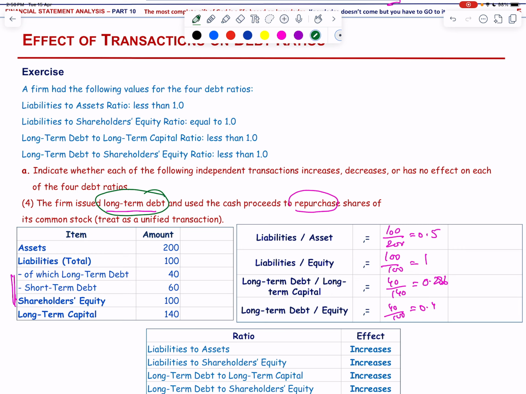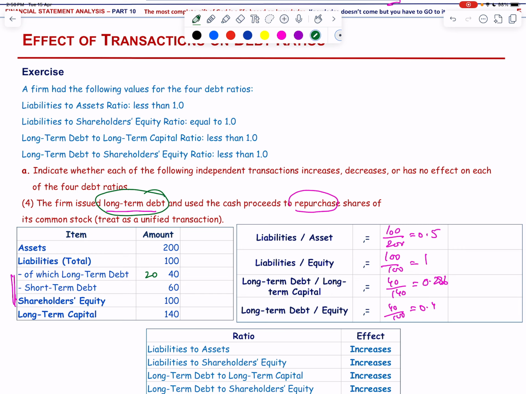Suppose again they are issuing a long-term debt of 20, and at the same time they are using that 20 of cash to repurchase the common stock. So in this case, if you look at the assets, there will be no change as cash in is equal to cash out.